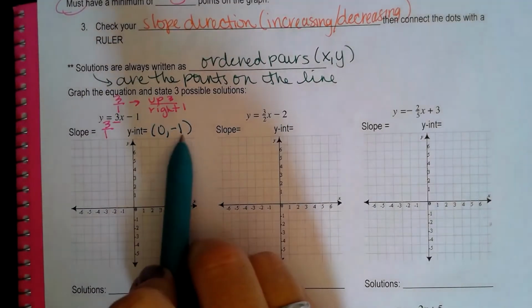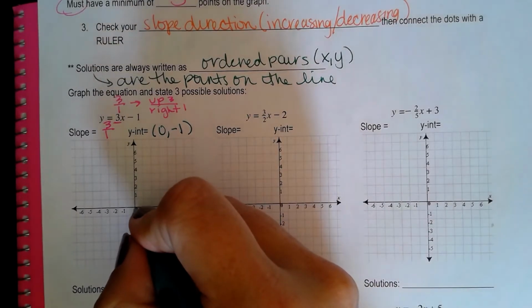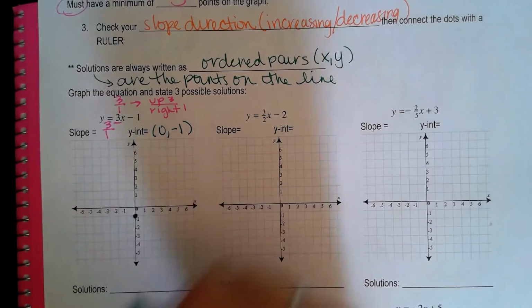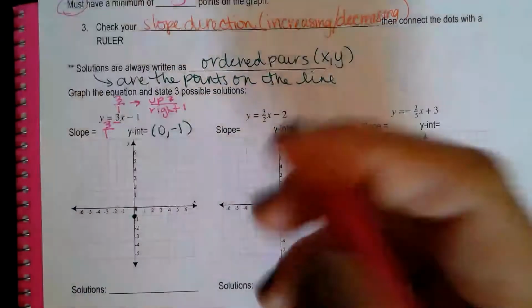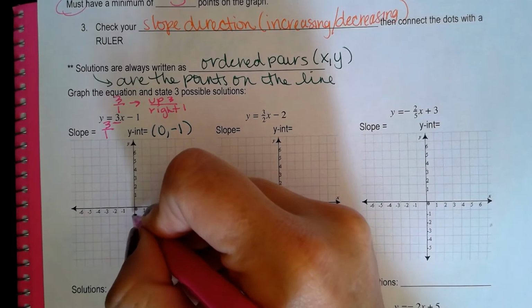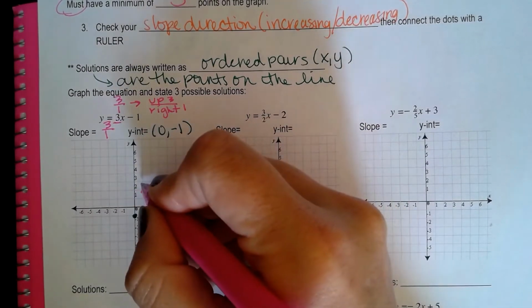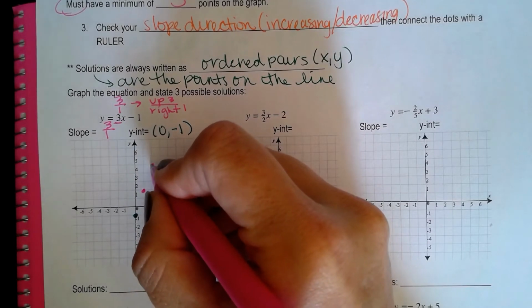So now when I have this, I start at my y-intercept, which is 0, -1. And then I'm going to go up 1, 2, 3, right 1. Up 1, 2, 3, right 1.